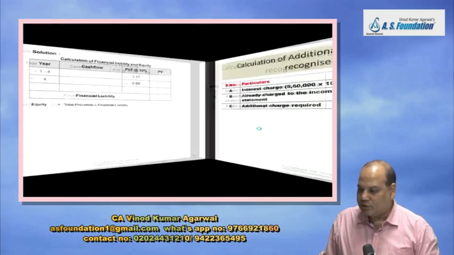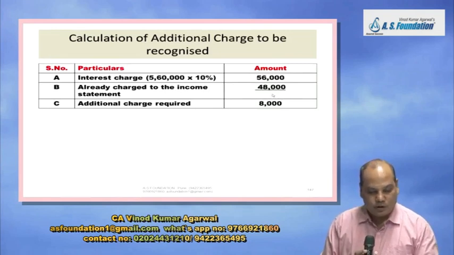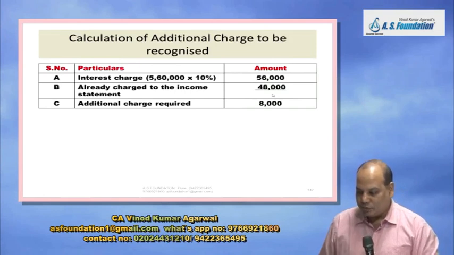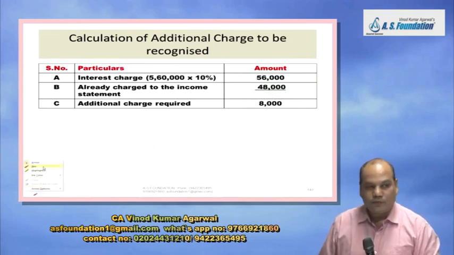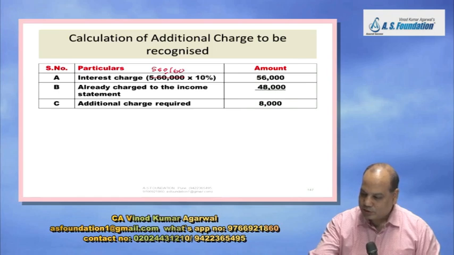How much interest have they already provided in the profit and loss? 48,000. But how much should they have provided? 10% of the opening balance of debt. The opening balance of debt, as per our calculation, is 5,60,160 into 10%.